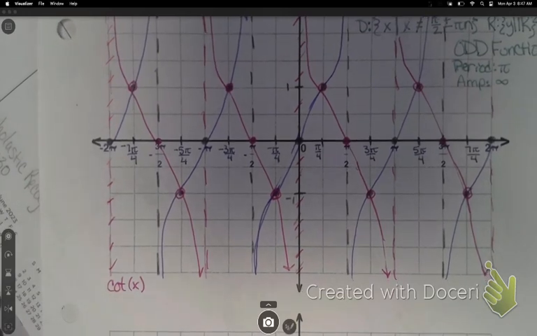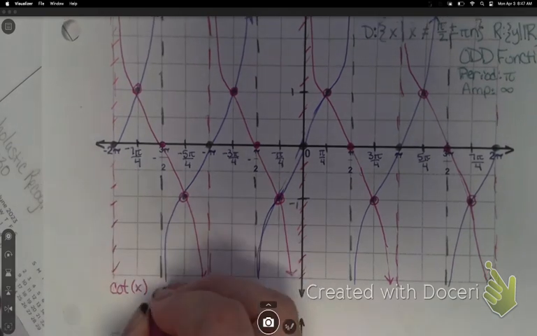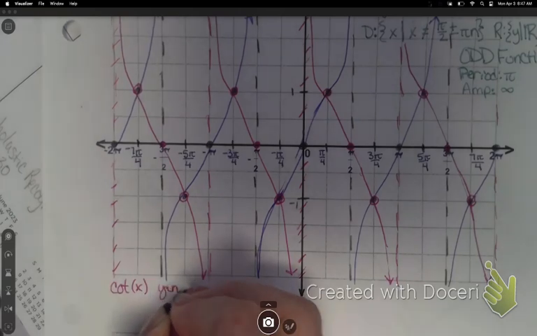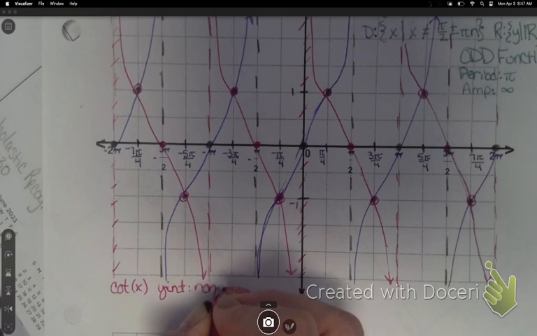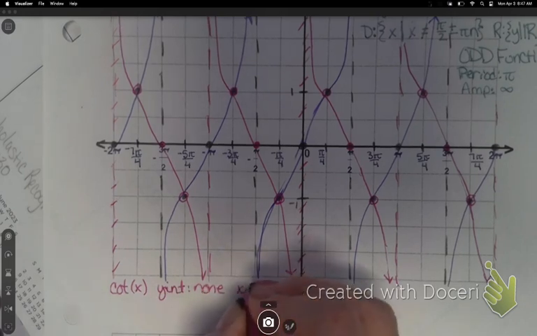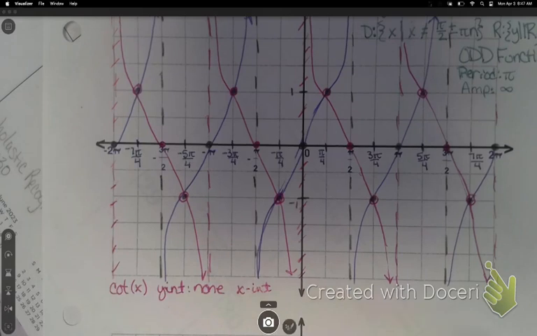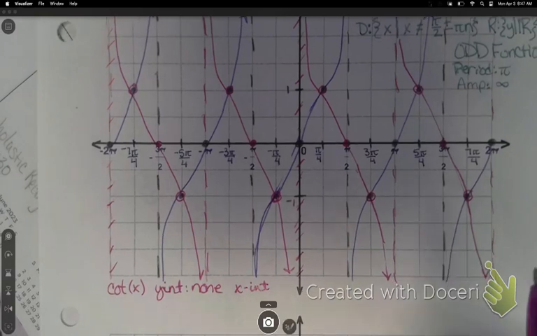Do I have a y-intercept? Nope, no y-intercept. Do you have an x-intercept? Zero.